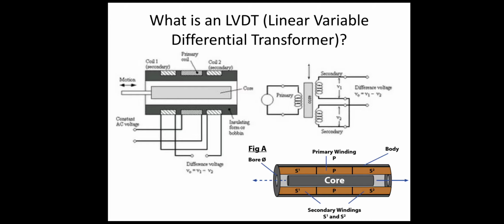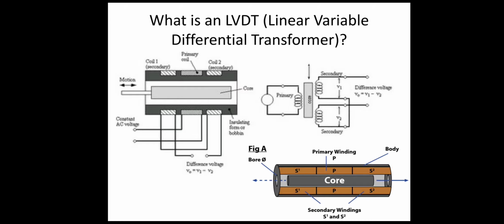Due to the low inertia of the core, the LVDT has good dynamic characteristics and can be used for time varying displacement measurement. The construction of the LVDT you can see here in this figure, and it works on the principle of variation of the mutual inductance between two coils with displacement.